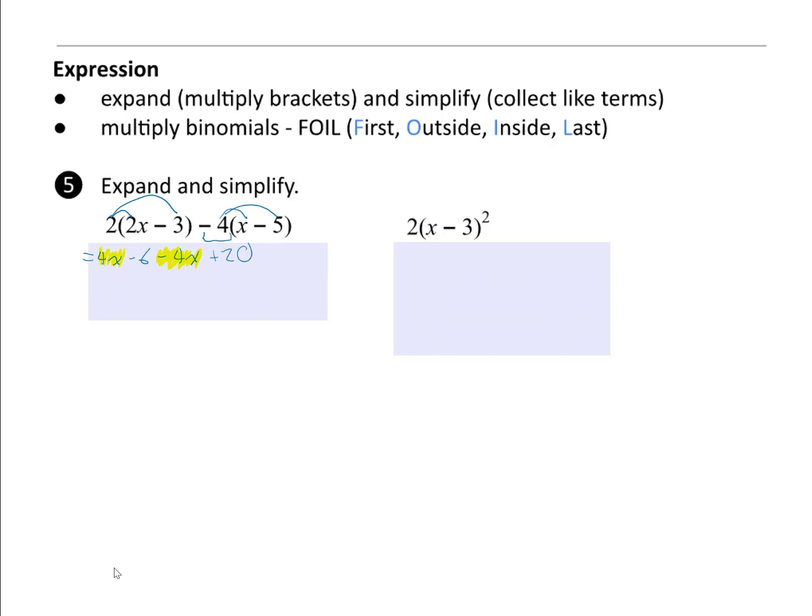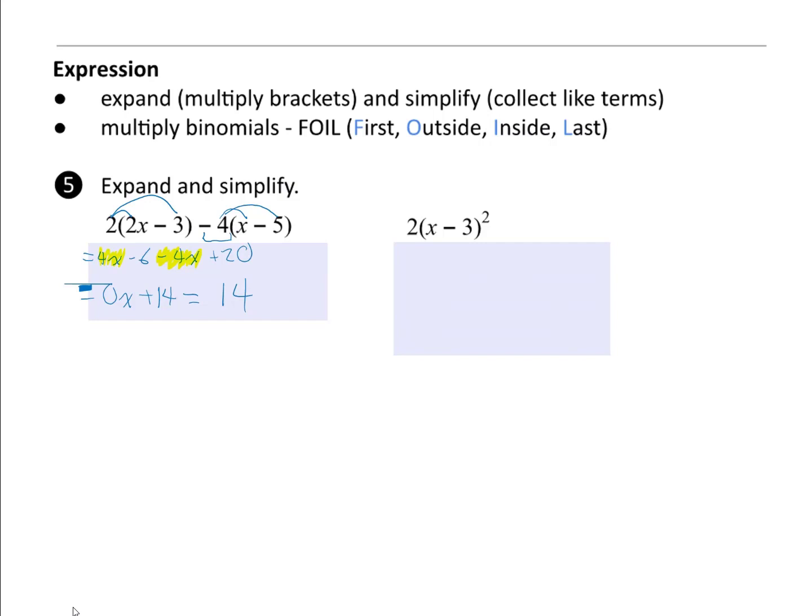So the ones that are highlighted, I have 4x minus 4x. So 4x minus 4x gives me 0x. And then negative 6 plus 20 gives me plus 14, which is really just equal to 14. And that's my final answer there.